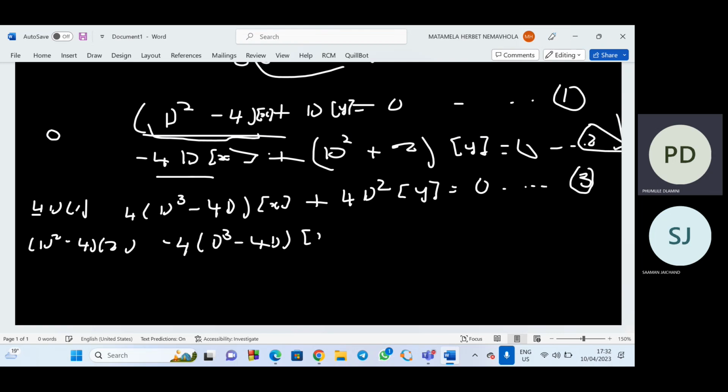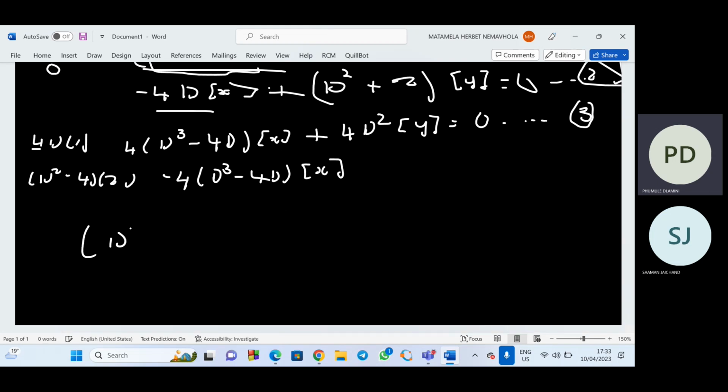This is the side of x. And if we multiply this by d squared plus 2, let me just write it here: you multiply d squared plus 2 by d squared minus 4.